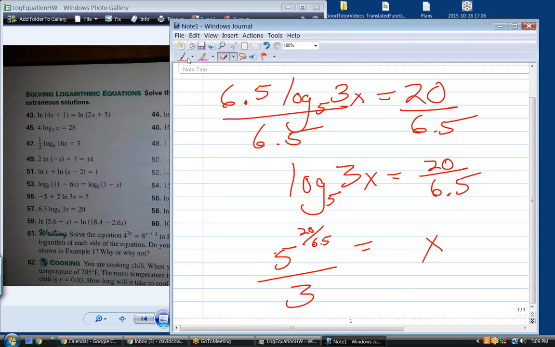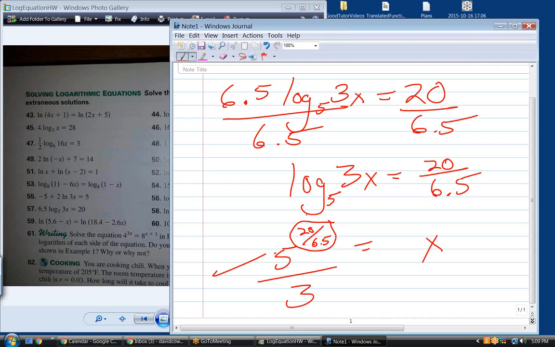And you can plug that into a calculator. In other words, if you want to know what 5 to that power is, that's a number you can get off of a calculator. Approximately 5 cubed. 6.5 goes into 20 about 3 times, but it's 3 and change, or it's 2 and change.